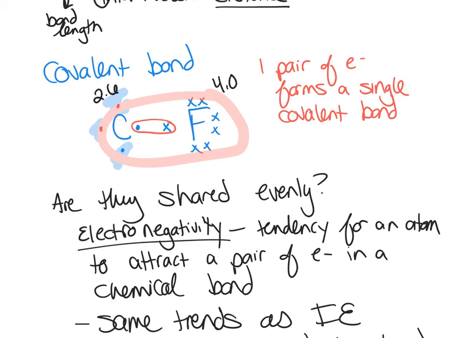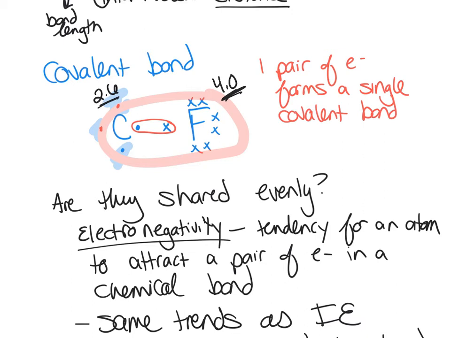Fluorine is pulling with an electronegativity of 4, and carbon's pulling with an electronegativity of 2.6. Fluorine is clearly stronger, so fluorine gets those electrons more often than carbon does.